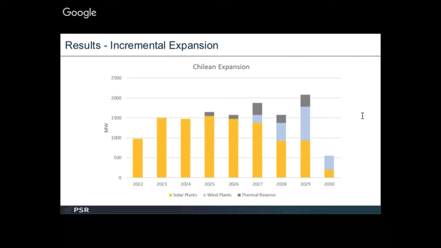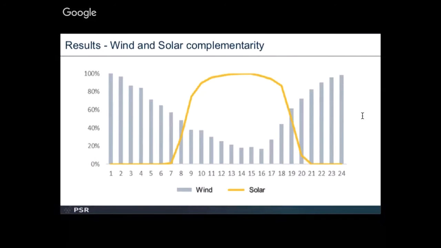They begin to penetrate mainly because, after a high amount of solar plants in the system, the model sees that there are lots of wind plants that generate a lot during the night and not so much during the day. This brings a lot more benefit to the system, since even if solar plants are cheaper, solar plants are generating in a period where the marginal costs are near zero.